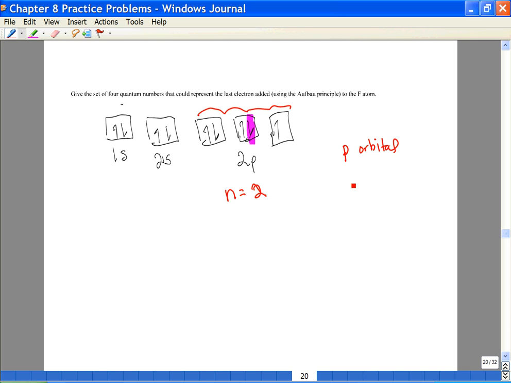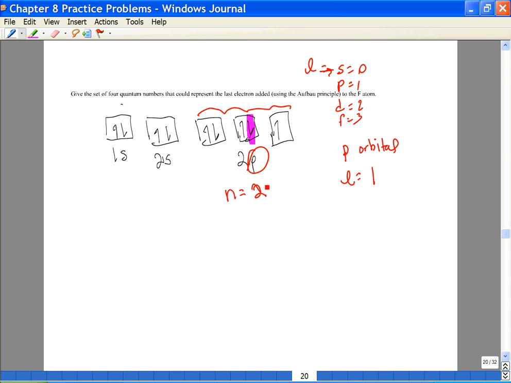And we know the l value for a p orbital is 1. The l value for an s orbital is 0, for a p orbital is 1, d orbital is 2, and f orbital is 3, right? So since this electron happens to be in a p orbital, the l value is equal to 1.